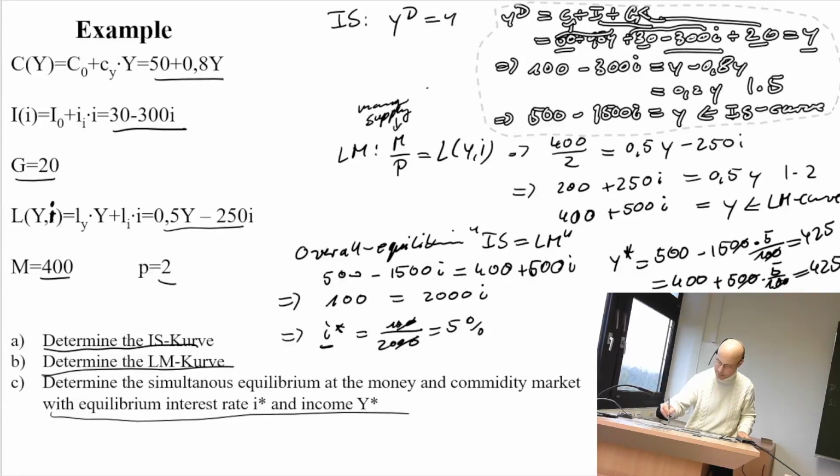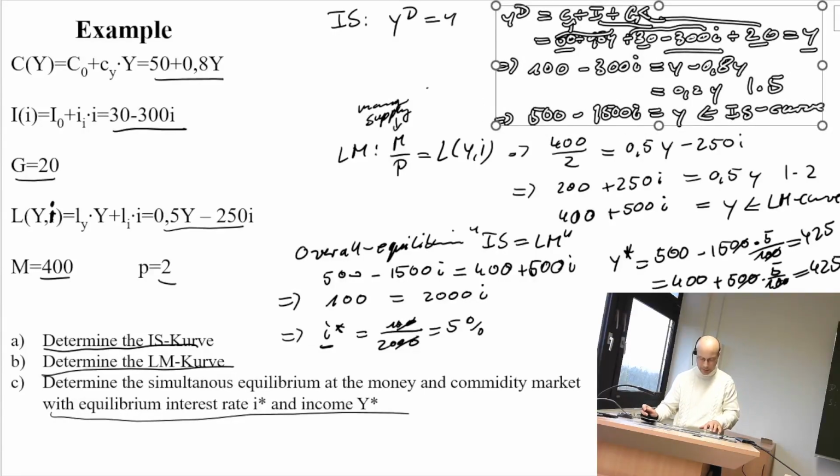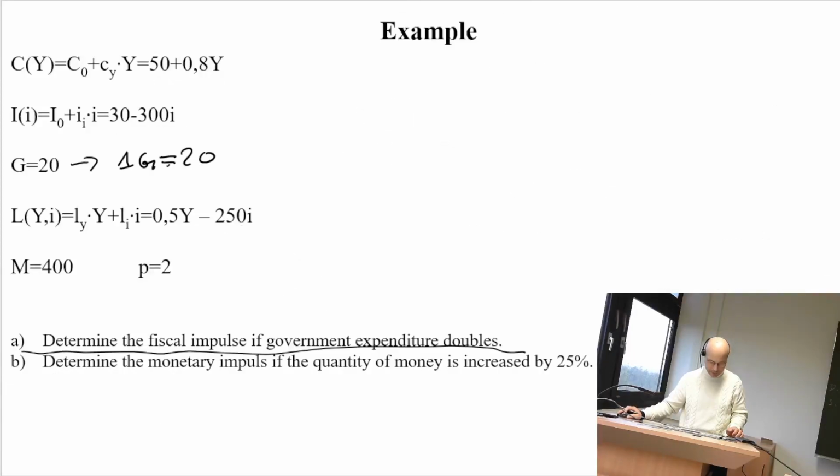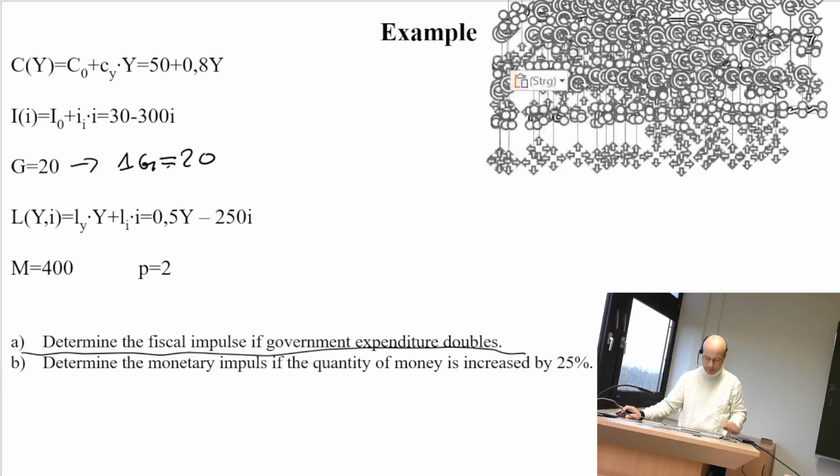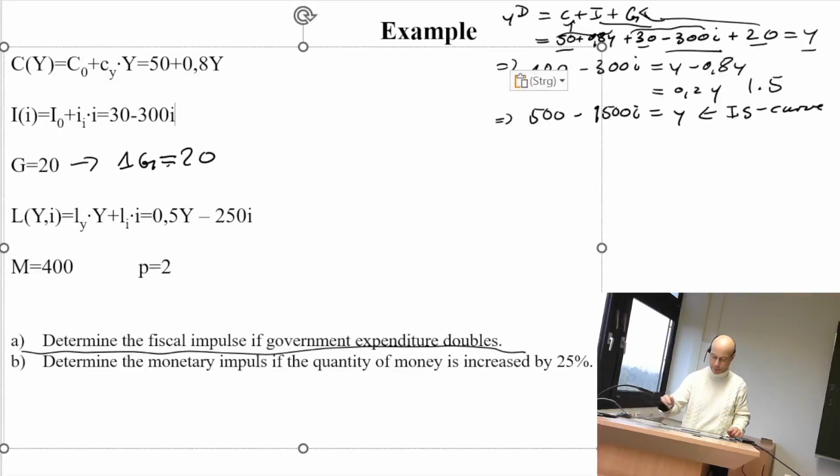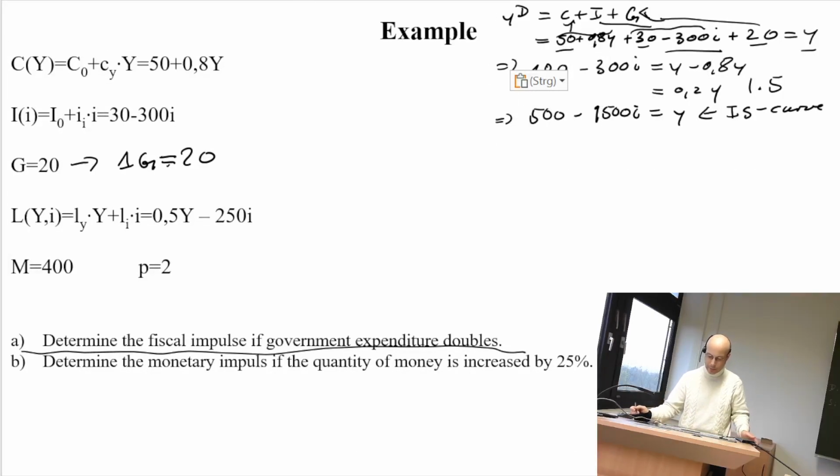This was the derivation of our IS curve. So what changes?